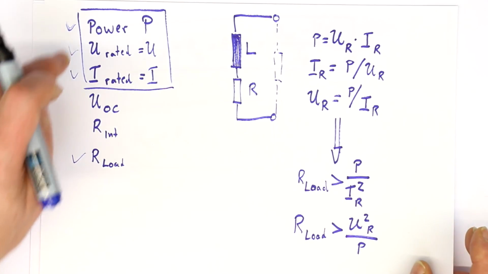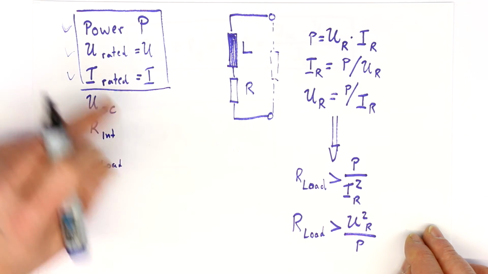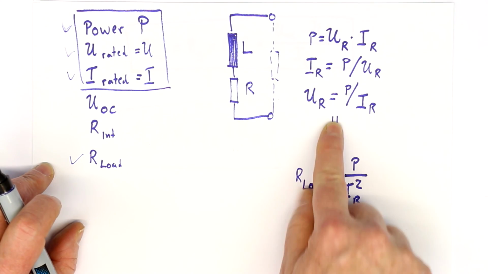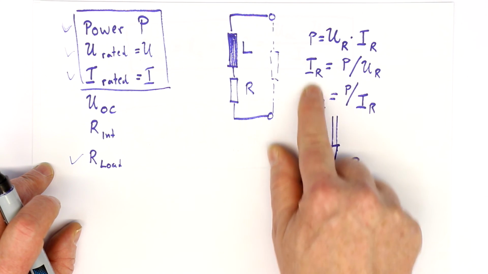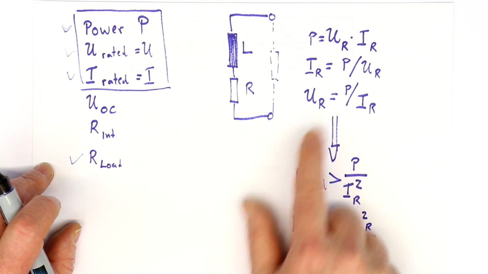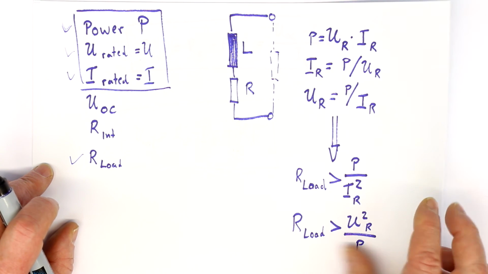So let's remember, here we had the three formulas for power, voltage and rated current, where we only have two of the three values and can calculate the third one. Here we have the formulas to get the maximum ohmic load resistance for not going over the maximum power.